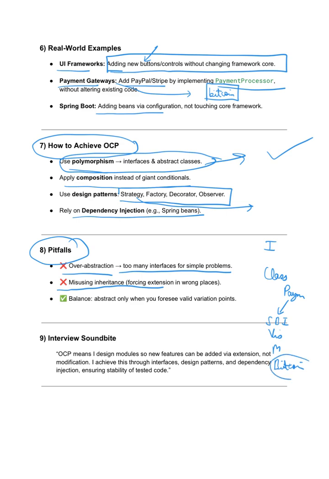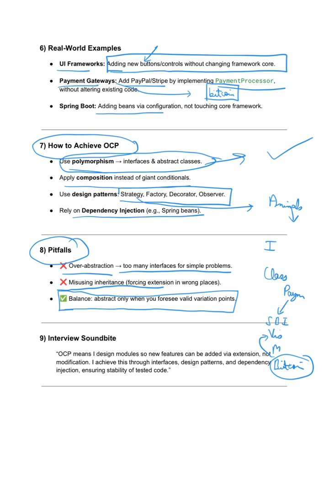Despite the fact that Bitcoin and Visa are totally different, right? Similarly, in the case of, let's say, animals, I start including birds also, right? This is an example of misusing inheritance, and it is totally incorrect. There should be balance. Abstract only when you foresee any valid variable points, right?